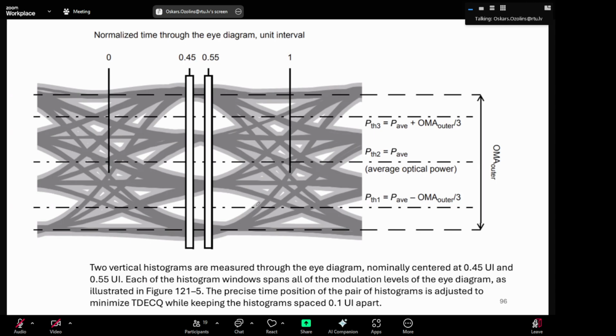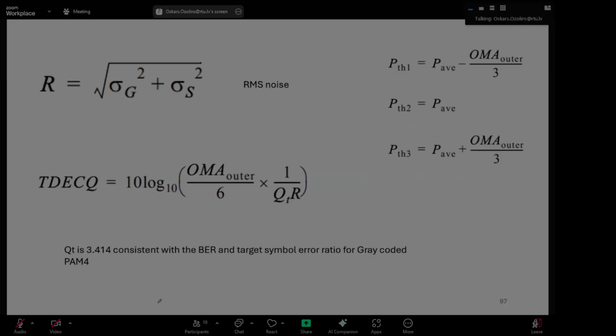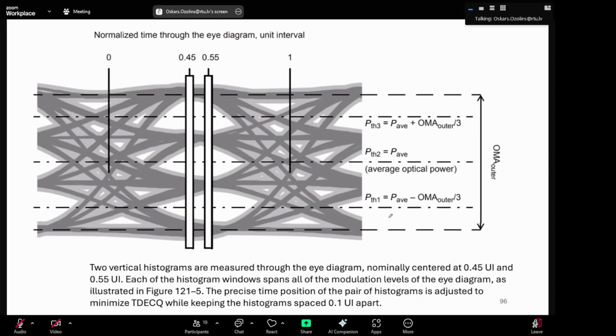Here we also have another parameter which is used to quantify these PAM4 signals. It's called TDECQ, and I'll give the equation in the next slide. You don't need to know the formula by heart, but in pulse amplitude modulation signals, TDECQ is used as a metric to estimate performance, and it's related to the optical modulation amplitude we talked about before.